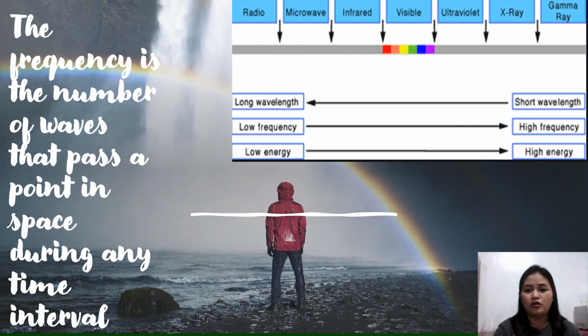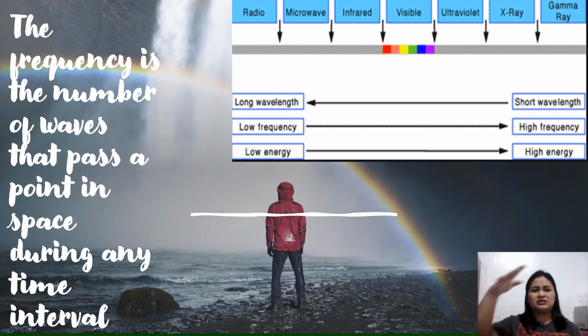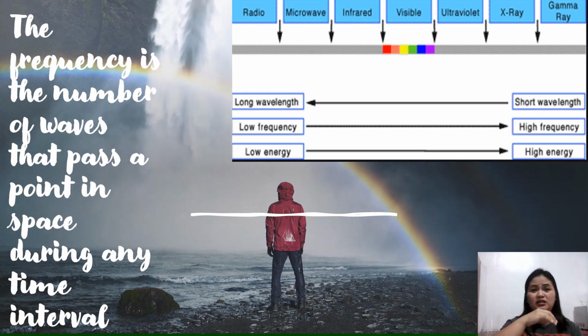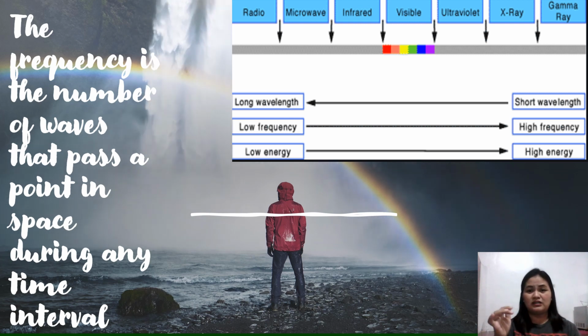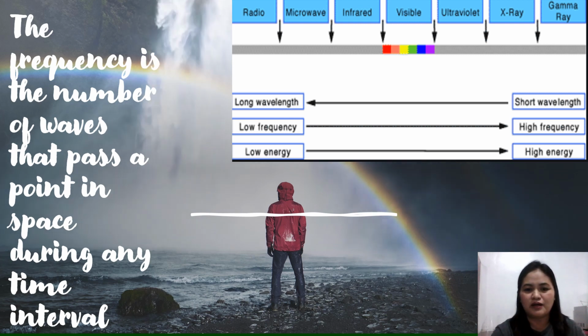Pero pag paiksi ng paiksi yung wavelength niya papunta kay violet, mas tumataas yung frequency kasi maiksi. Mas maraming makakadaan na waves. Gets niyo yun? Siyempre, mahaba, matagal makadaan. Pero kung maiksi, mas maraming makakadaan. Magkabaliktad sila, di ba?